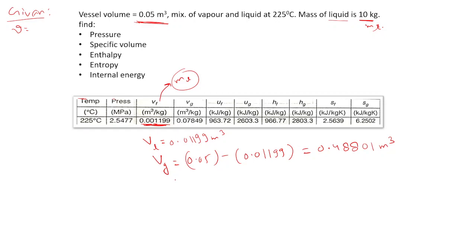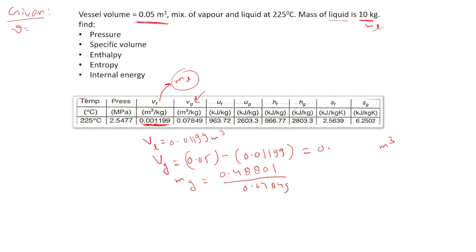Now that is the volume, sir. Now the mass of the vapor, anyone can tell? How will you find the mass? Volume of the vapor divided by the specific volume of this. Correct? So how much is it coming? So Vg is wrong. How will it come like this?